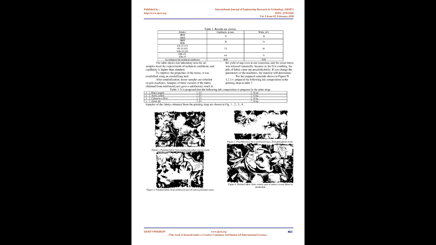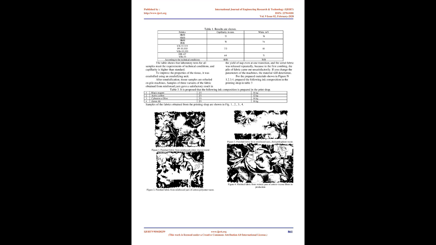HB50 Vis 50: 72, 78. HB50 PF 50: 70, 74. HB 33.333 PF 33.333 Vis 33.333: 72, 85. HB-67 Vis 33: 64, 71. According to the technical conditions: 60 to 70, 70 to 78.